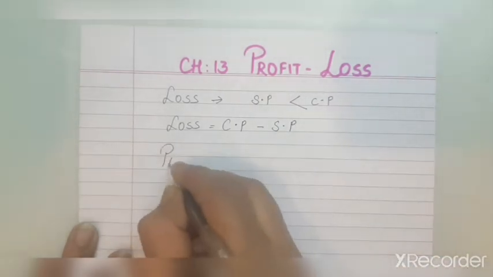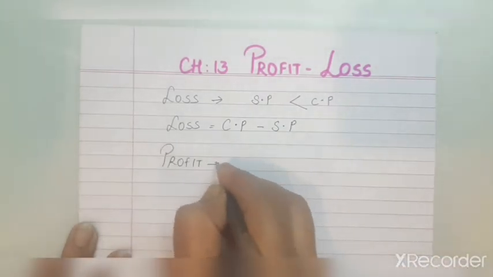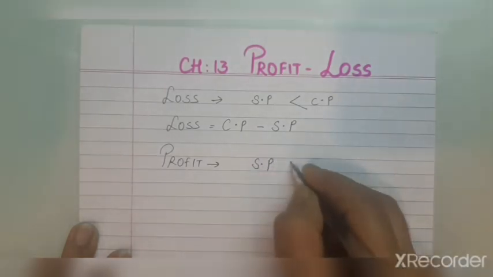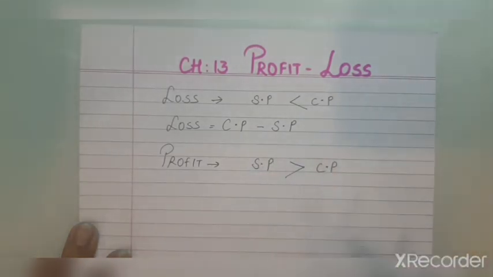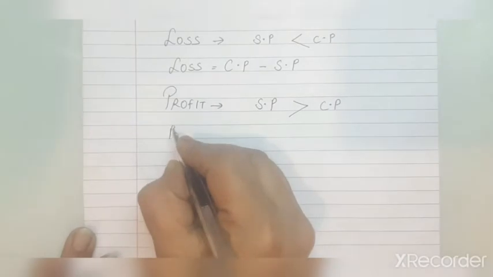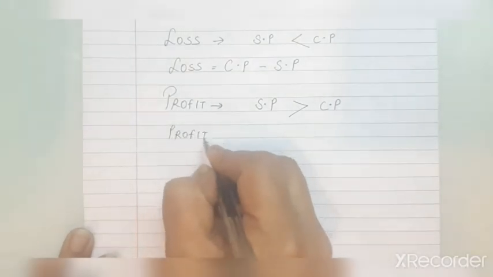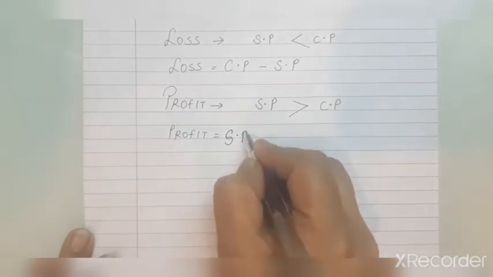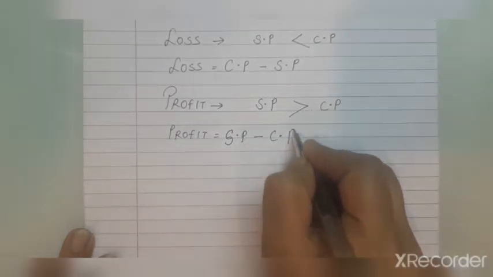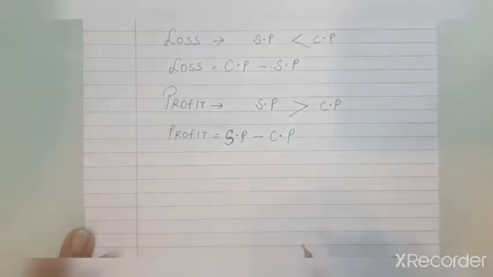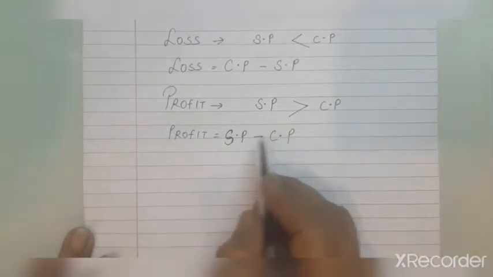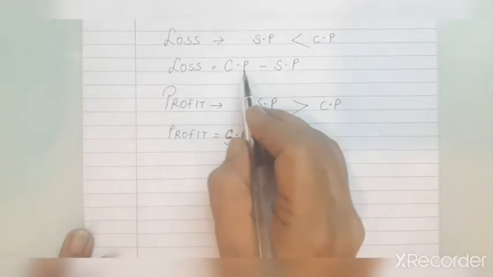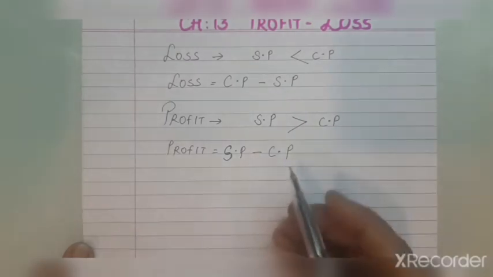And when there is a profit, the selling price is greater than the cost price. And the formula for a profit is selling price minus cost price. So here CP is cost price and SP is selling price.